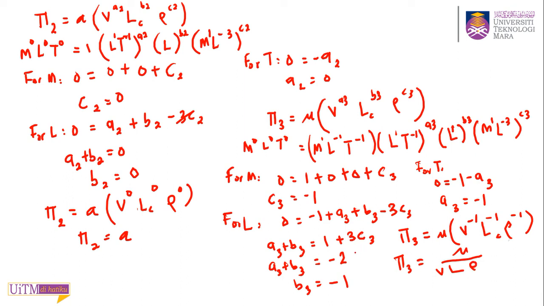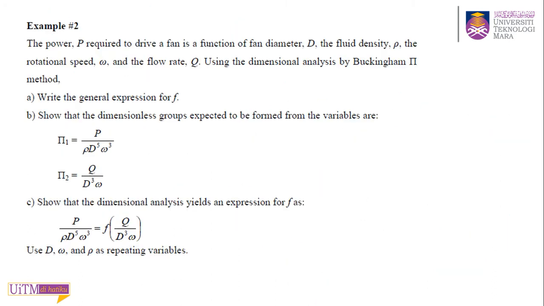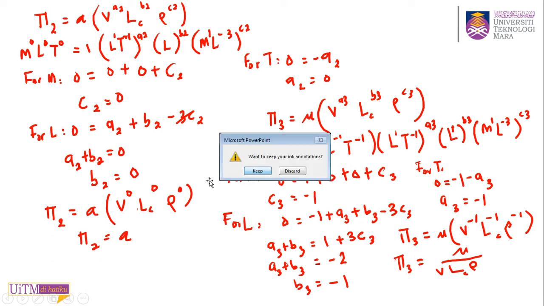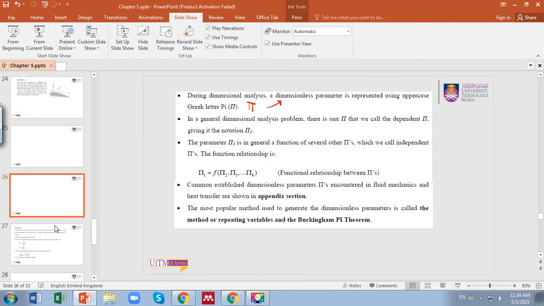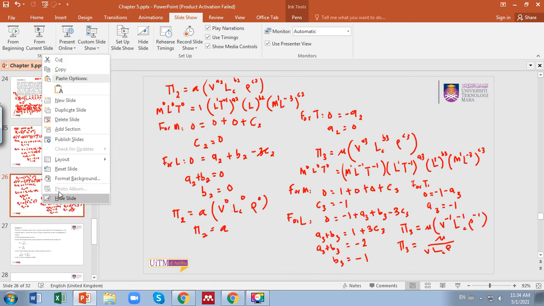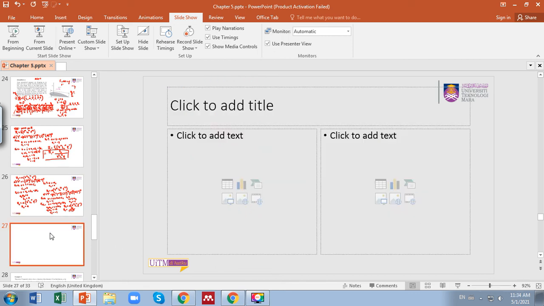So this is your third pi, mu over V L rho. And you have one more pi, so I need to add more pages there, and then we can finish this question again.